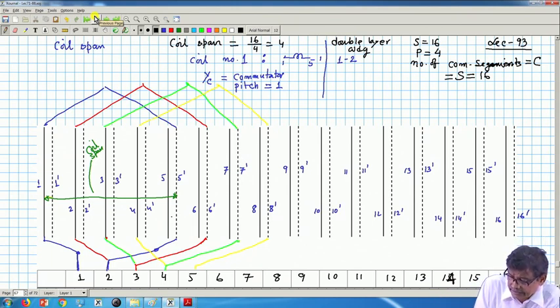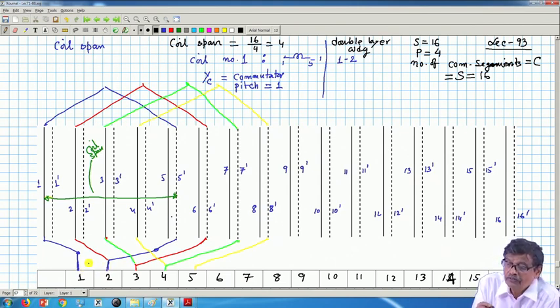What happens is this: all the coils are identical, each has a coil span. The difference in different types of windings, that is lap, wave, etc., is how the ends of the coils are terminated on the commutator segments. In case of lap winding, you terminate the two ends of a coil in consecutive commutator segments.